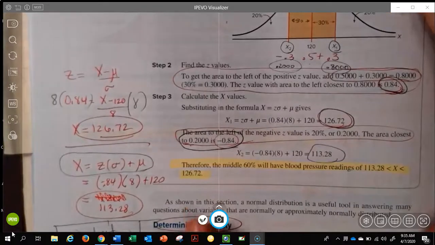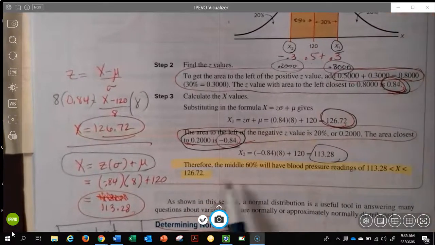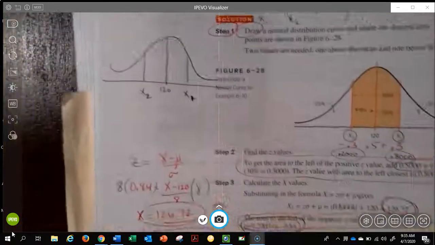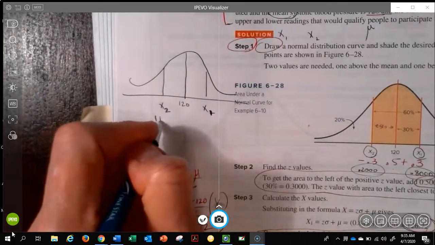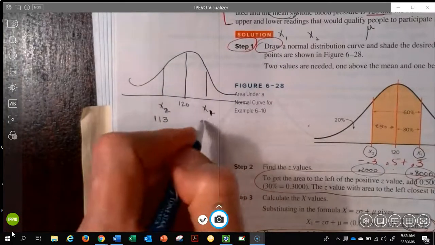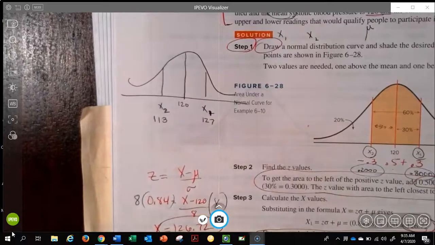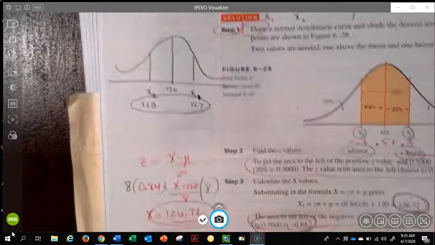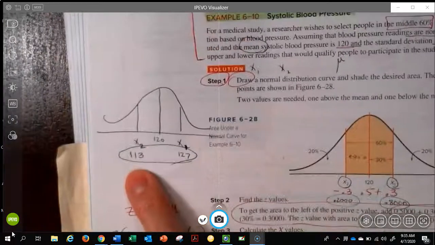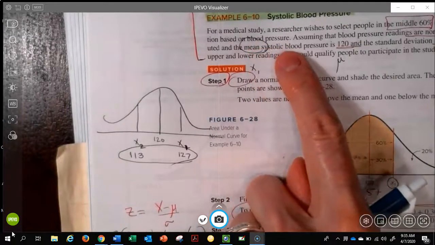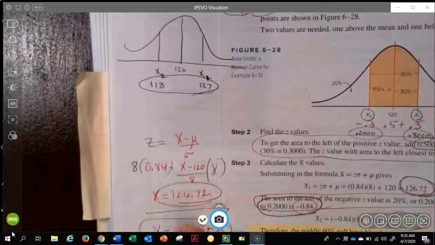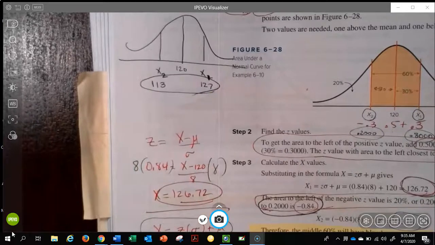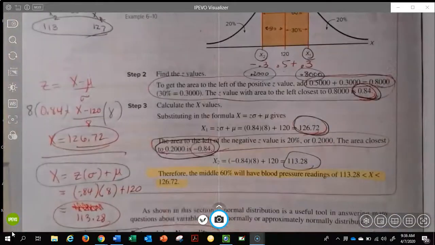So the ending statement says, these numbers, and I'll put them here, this one would be 113, and this one's about 127. So the people who would fit in the range of the study will have the systolic blood pressure between 113 and 127, and we have our closing statement.